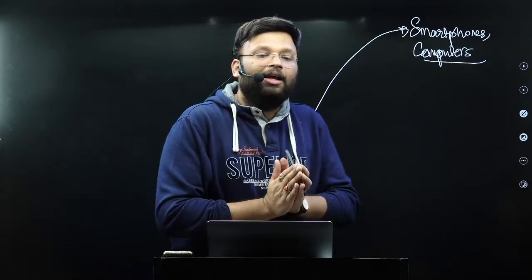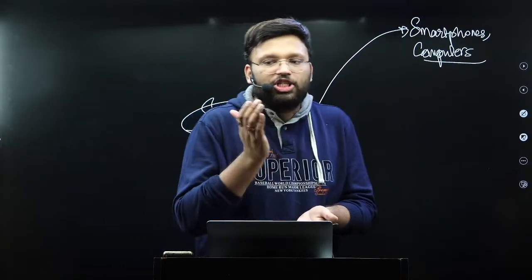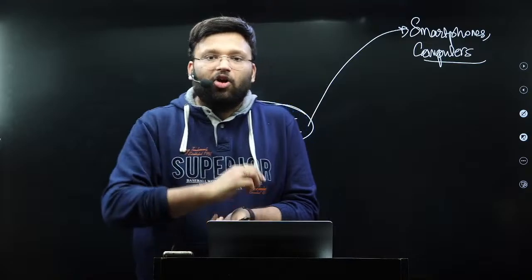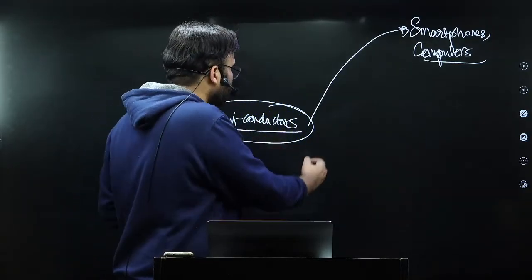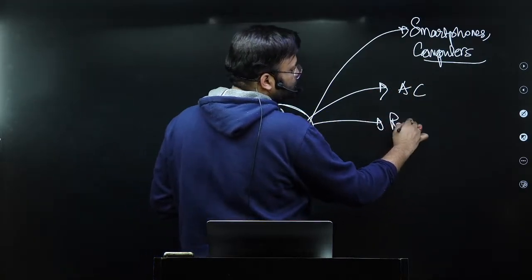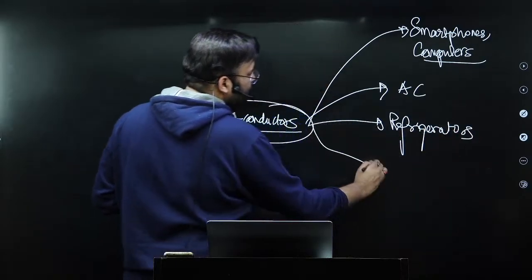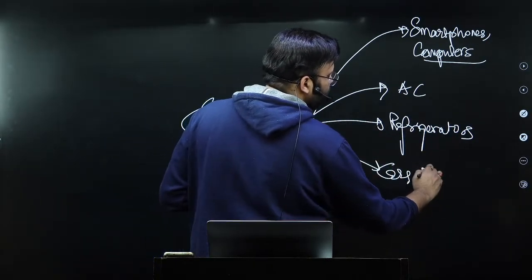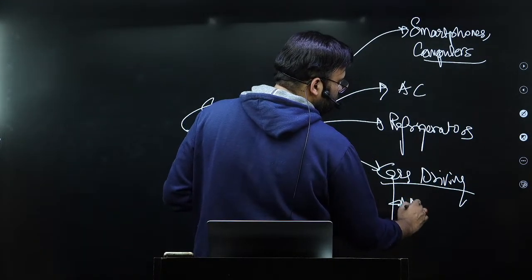Now we are seeing how semiconductors, the small chips, are integrated in almost all the devices. You can start with your surroundings. Look at your ACs. Look at your refrigerators. Look at the cars that you are driving. We are talking about driverless cars.